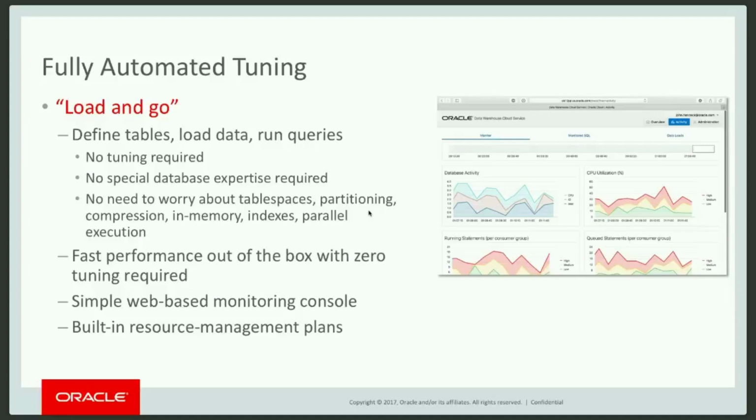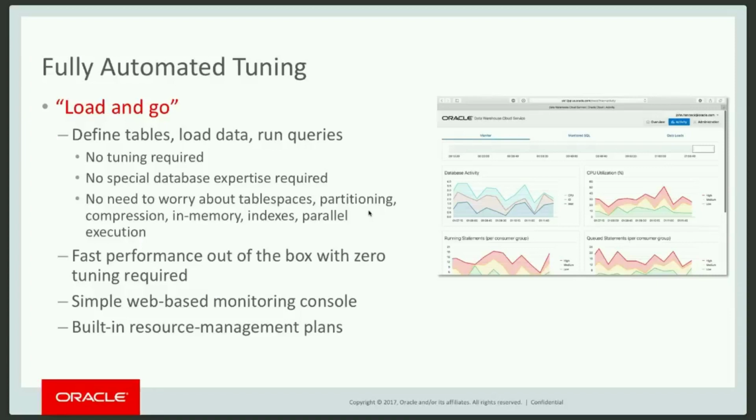You simply point us at a data file, you load the data. There are some new packages in Autonomous Data Warehouse Cloud specifically for managing data loads. And the advantage of that is that you're going to get extremely good performance straight out of the box.